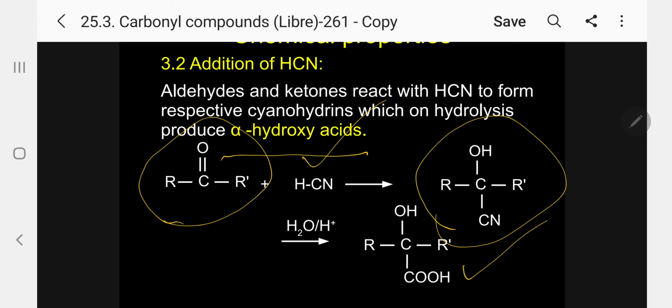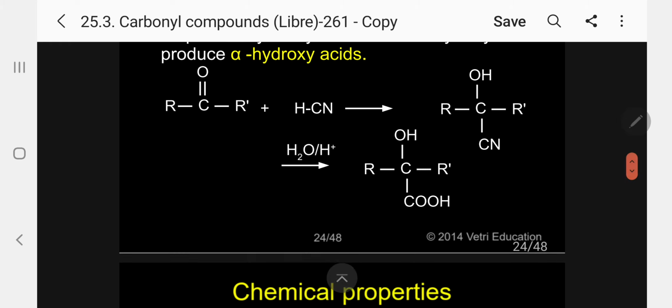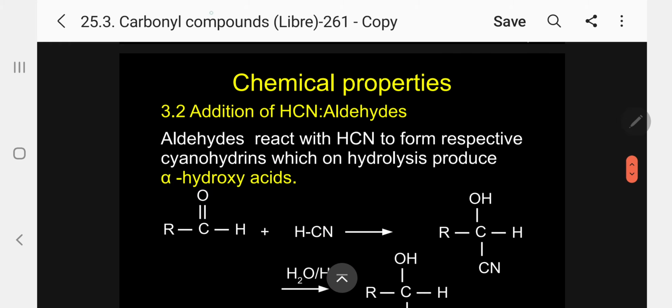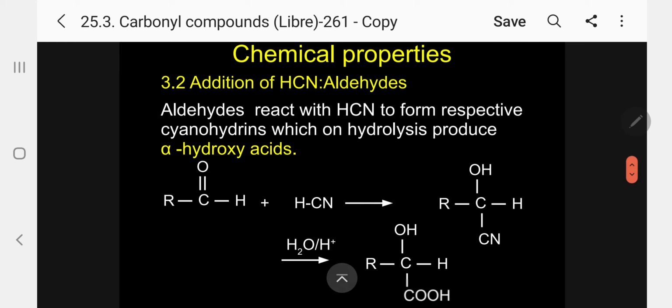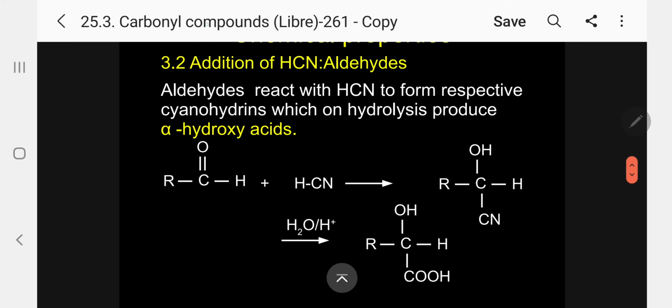Let me take a specific example so you can understand easily. First, addition of HCN to aldehyde, the general aldehyde. This is the general reaction. An aldehyde reacts with HCN to form the respective cyanohydrin, which on hydrolysis produces alpha hydroxy acid.